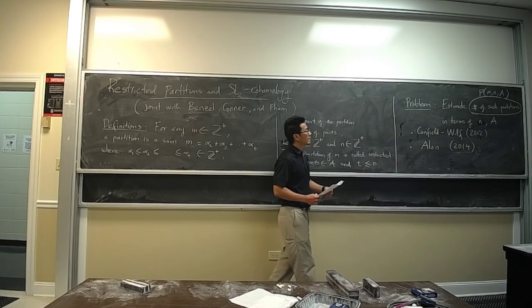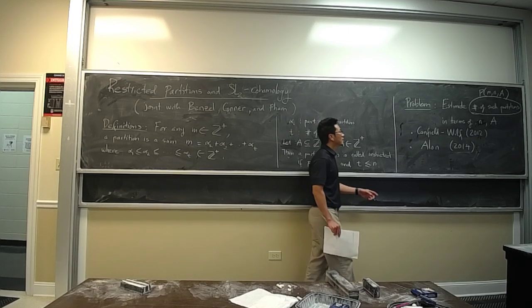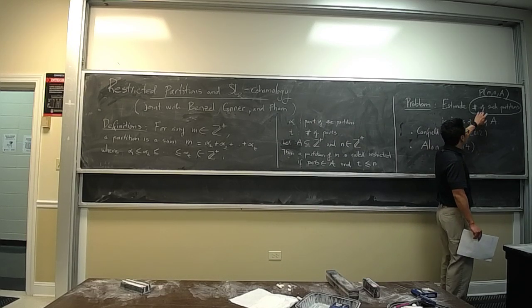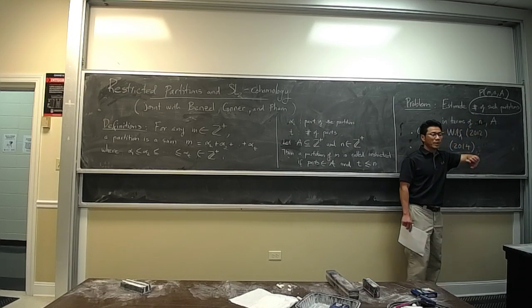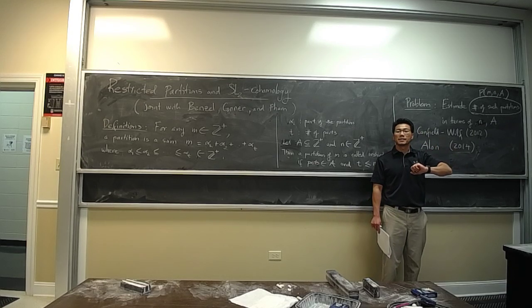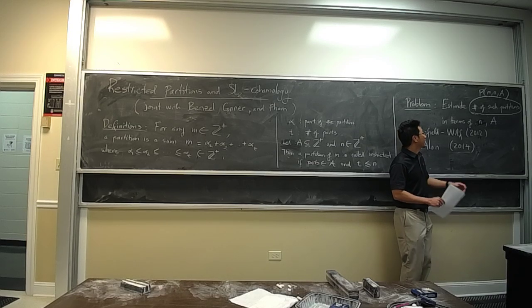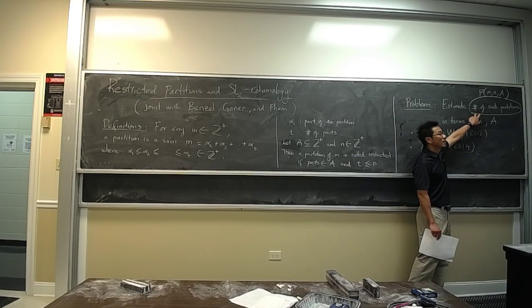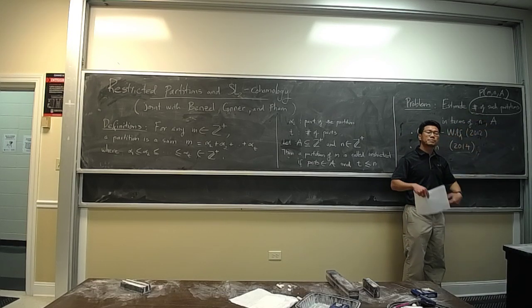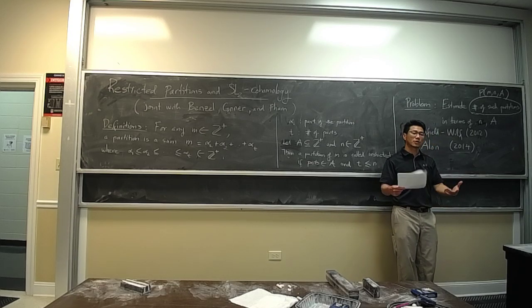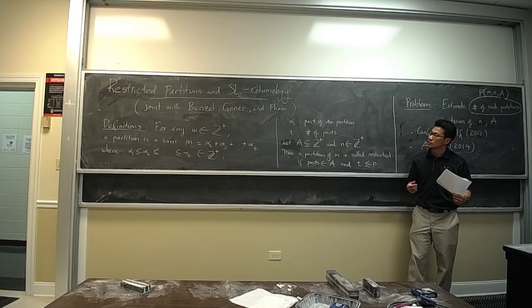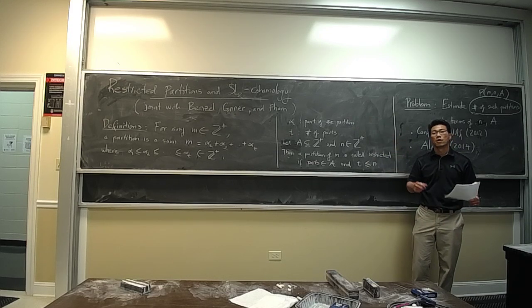However, we saw that there is some connection between this number and the dimension of SL2 cohomology. Roughly speaking, if we can find an upper bound for this number, then we should be able to construct an upper bound for the SL2 cohomology with coefficients in the Weyl modules.